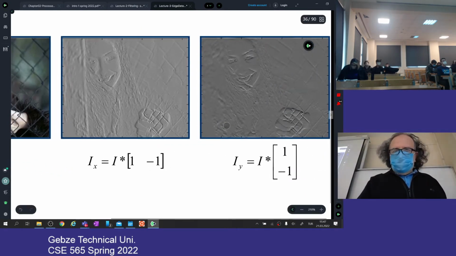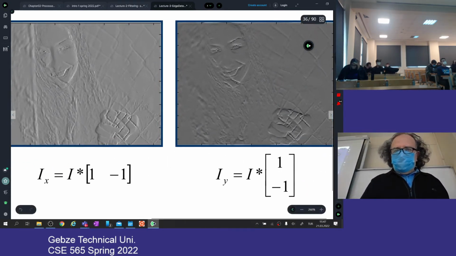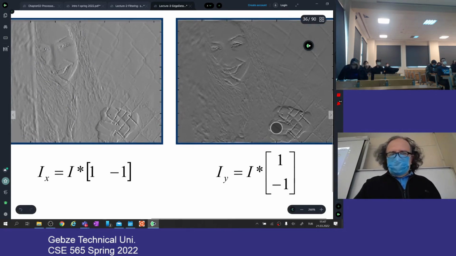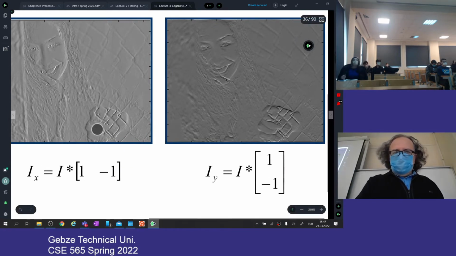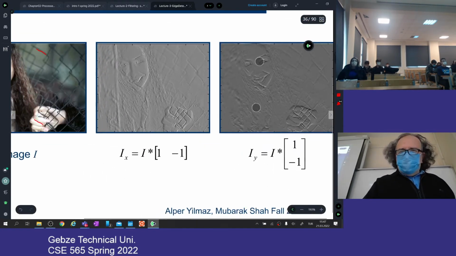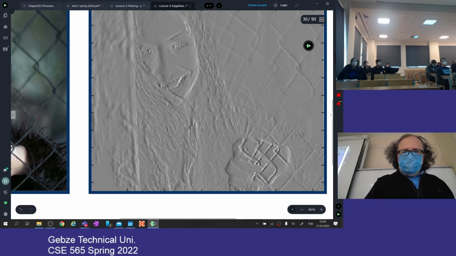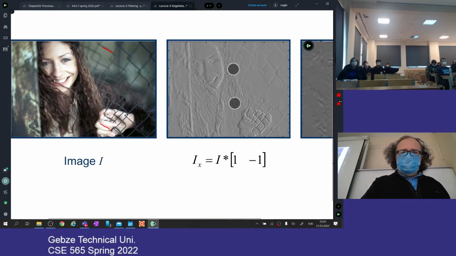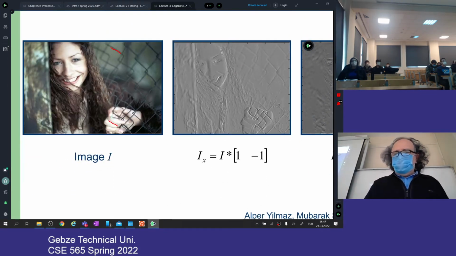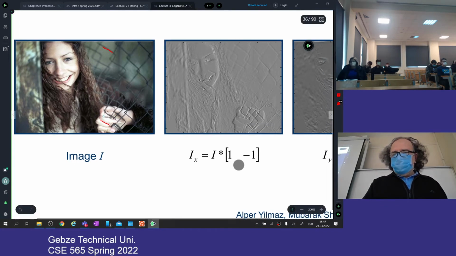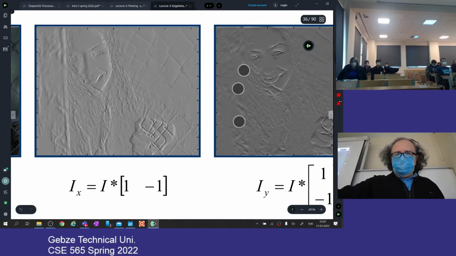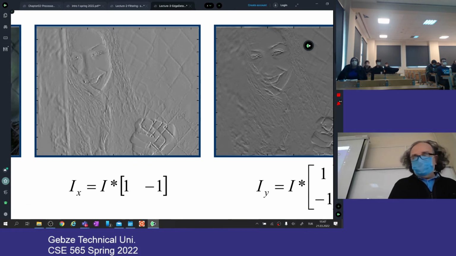But if I do it just the other way, the responses change. I get more response. For example, look at this one. This response is more than the other one. I don't have a perfect one, but maybe this is a good example here. You see this one? There is a very dominant edge detected because this is a vertical edge, and for the vertical edges I have this operator, but you don't see much around that part of the image for the y derivative.